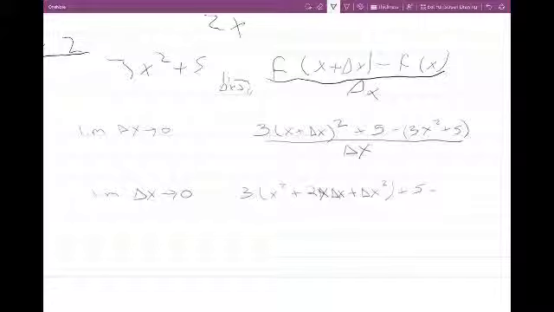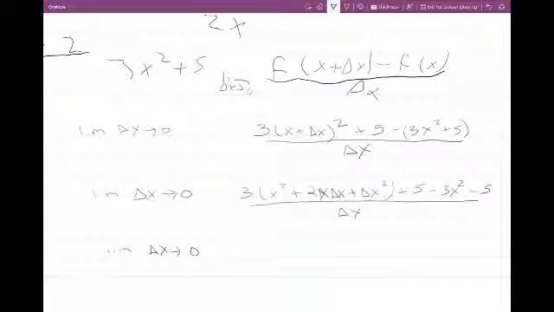Take away 3x squared, and now you distribute the minus, so it would be minus 3x squared, and then you distribute it to the 5 as well, so minus 5, over delta x. The limit as delta x approaches 0.